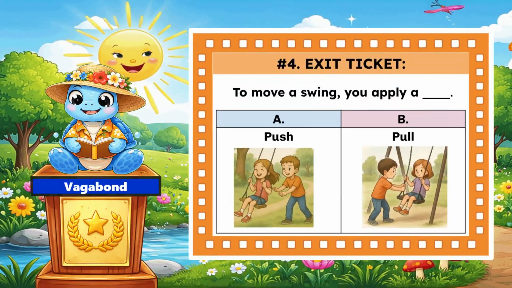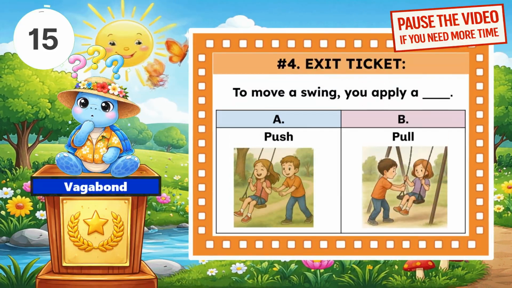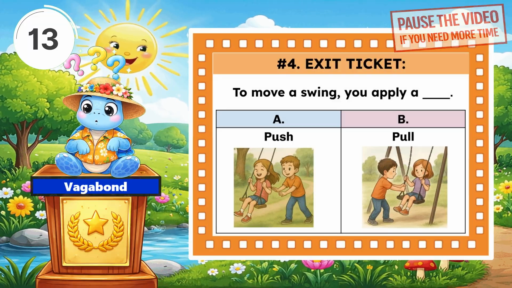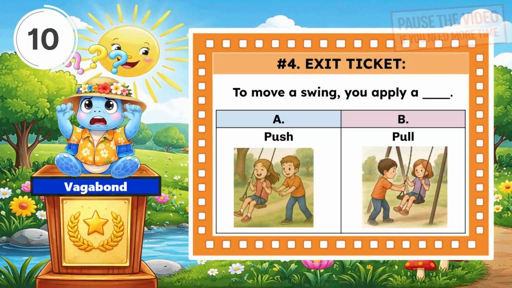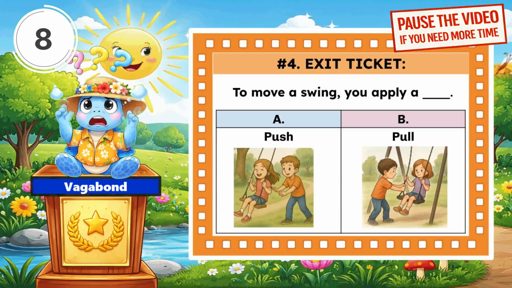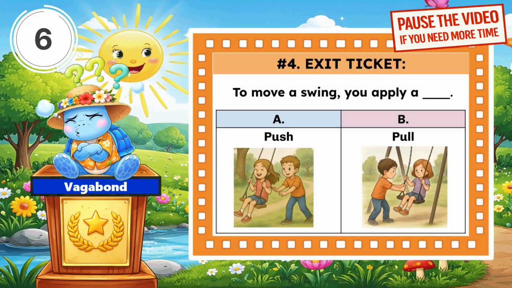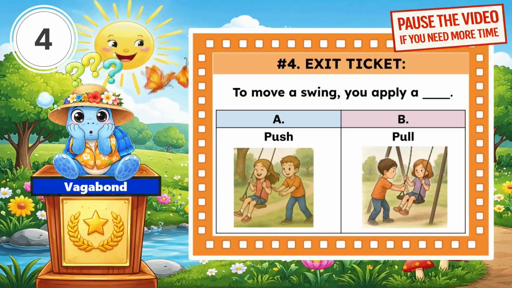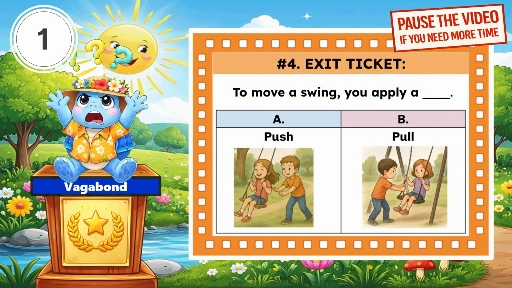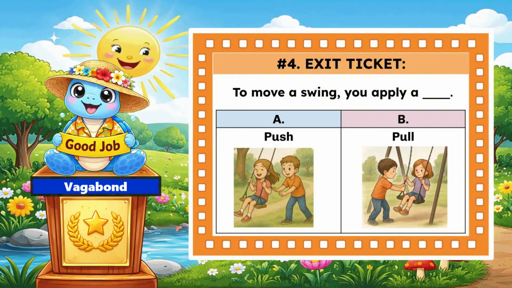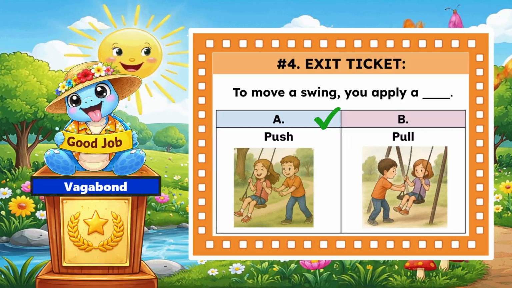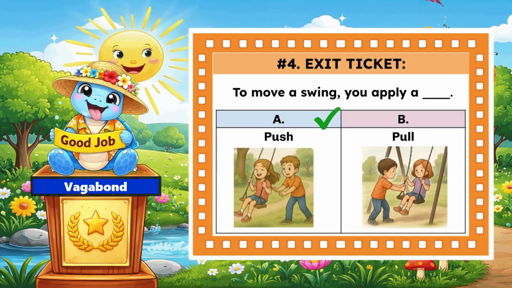To move a swing, you apply a blank. And the correct answer is letter A, push.